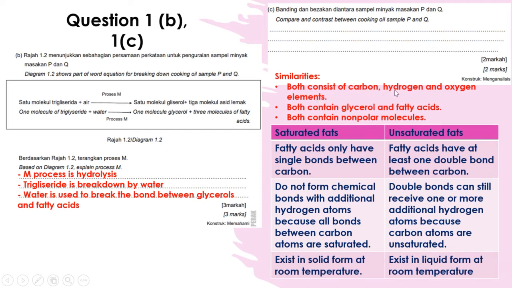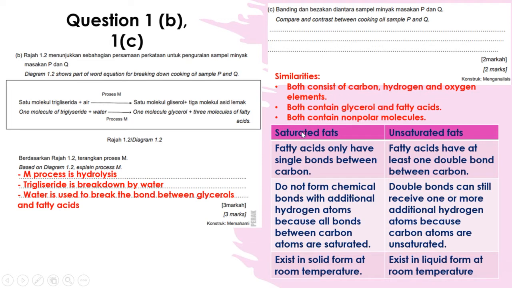Carbon, hydrogen, and oxygen are the elements of lipids. You have to write both because it refers to sample P and sample Q. Or you can write both contain glycerol and fatty acids, or both contain non-polar molecules. So this is the similarities.